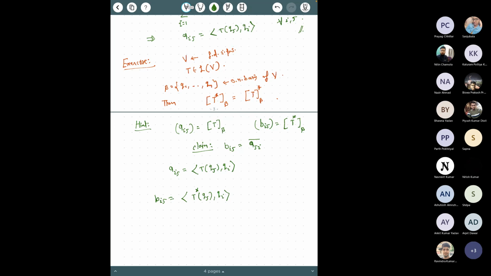But then this Bij I can write, using the adjoint property, as the inner product of Qj with T Qi. But this is the same as the conjugate of the inner product of T Qi with Qj. What is this one?